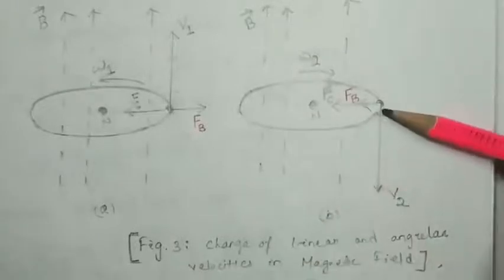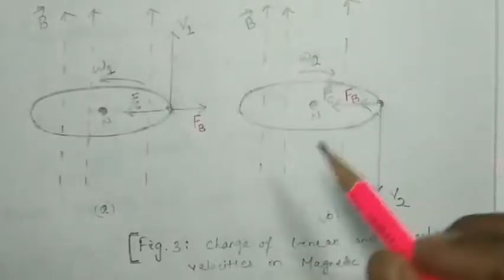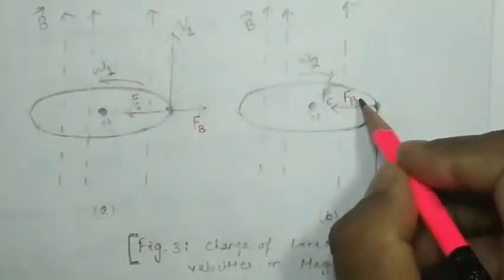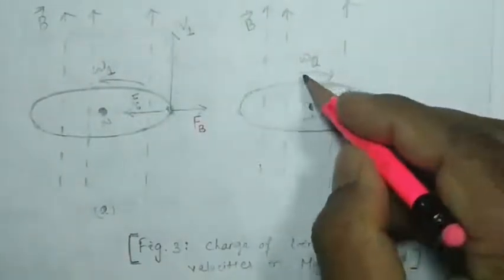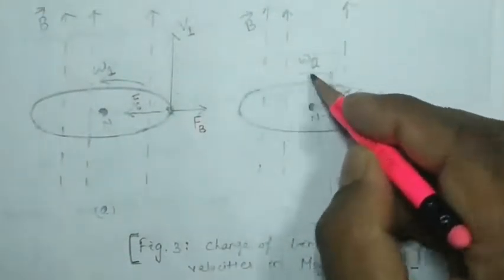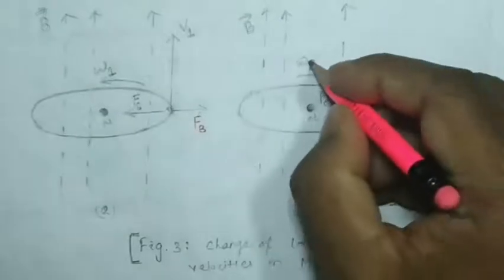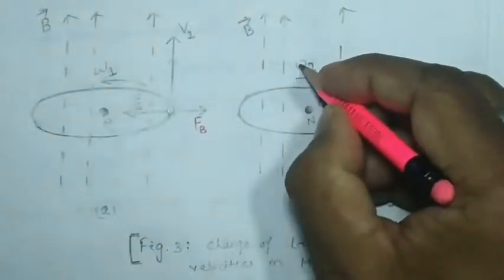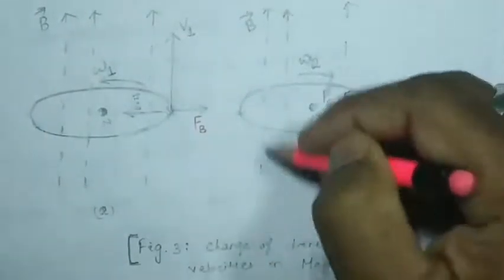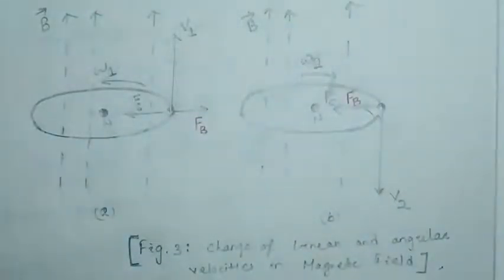This is your figure 3, and v2 is along this side, and Fc this side, Fb also along this side, and this is your omega 2 in the clockwise direction. This is written omega 2, and this is your applied magnetic field. N means nucleus.